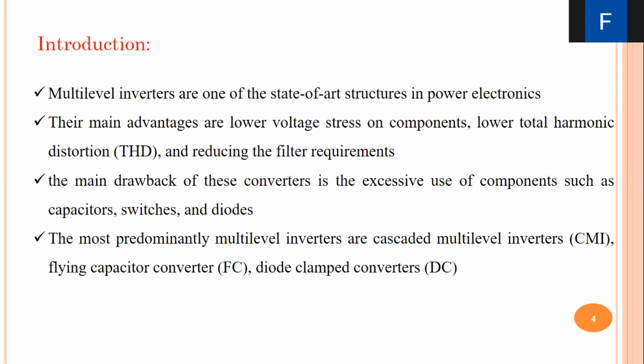And the main disadvantage of cascaded multi-level inverters is that they use DC voltage sources, and it costs more, and it's a disadvantage.